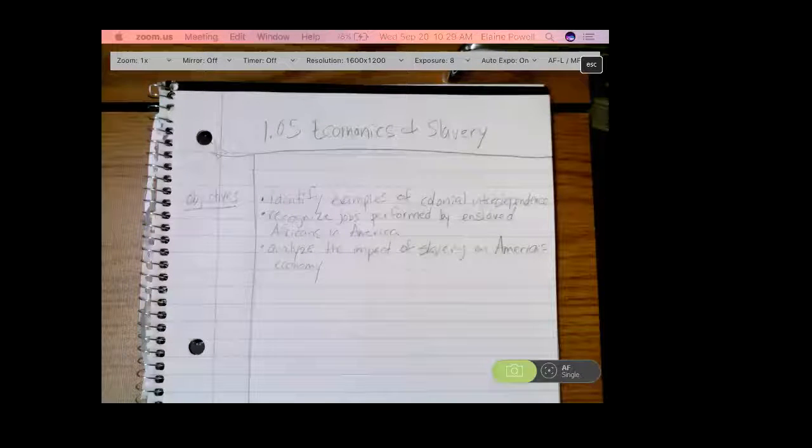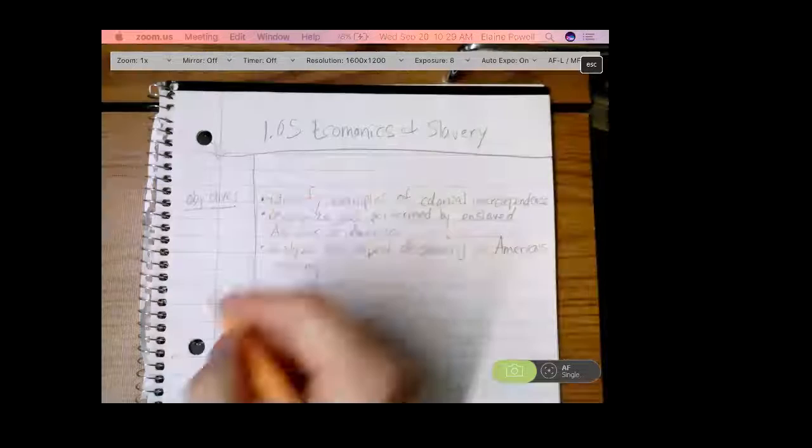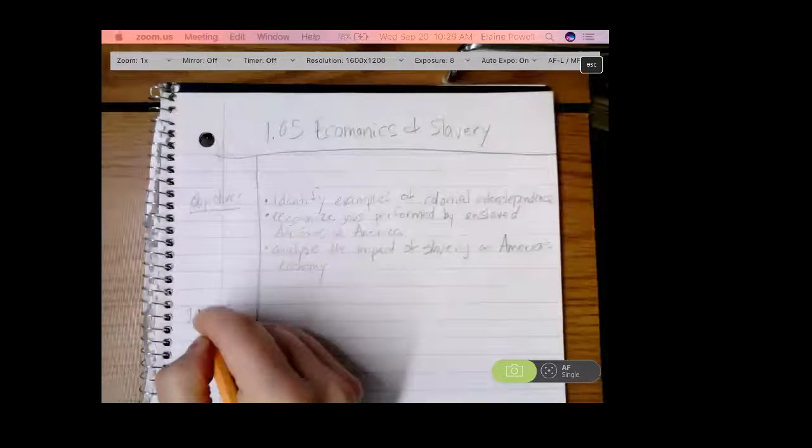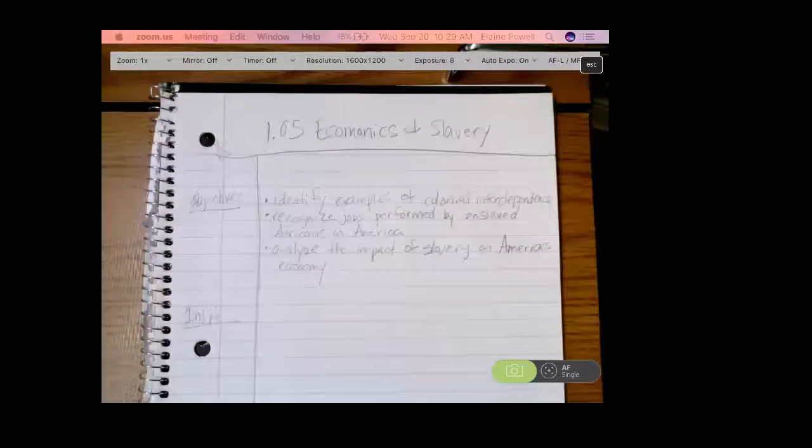Usually it's in bold or it's a different color or maybe both. What do you think? Anybody see a word? Yeah. Introduction, right. It's hard to turn that word into a question, but it's important to look through it. So let's put down introduction, or you can put intro if you don't want to write out the whole word, just in case we want to take some notes. Let's put that down so we have a connection.